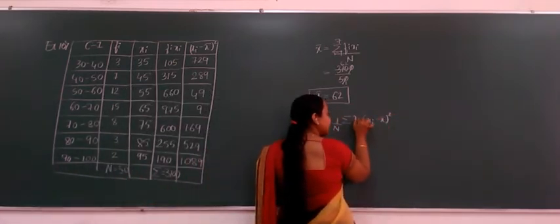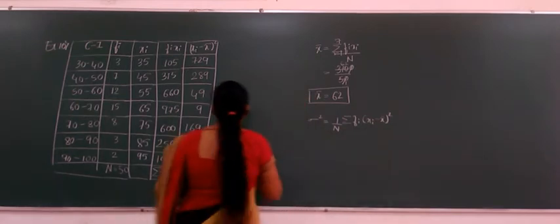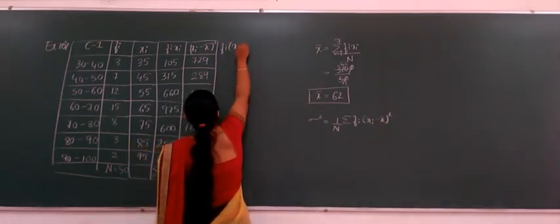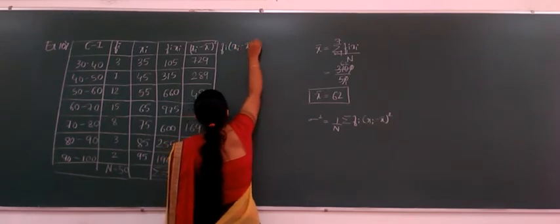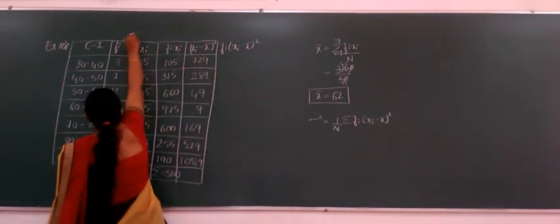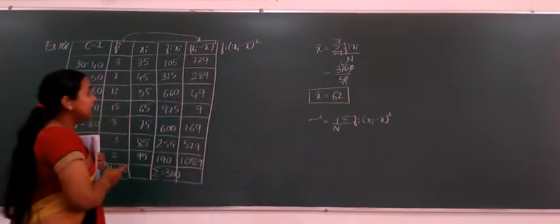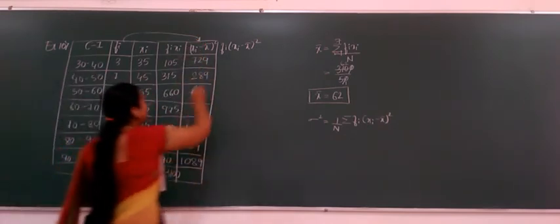Next we want Fi into this, so our next column is Fi into Xi minus X bar whole square. Each Fi is multiplied with each value of Xi minus X bar whole square.